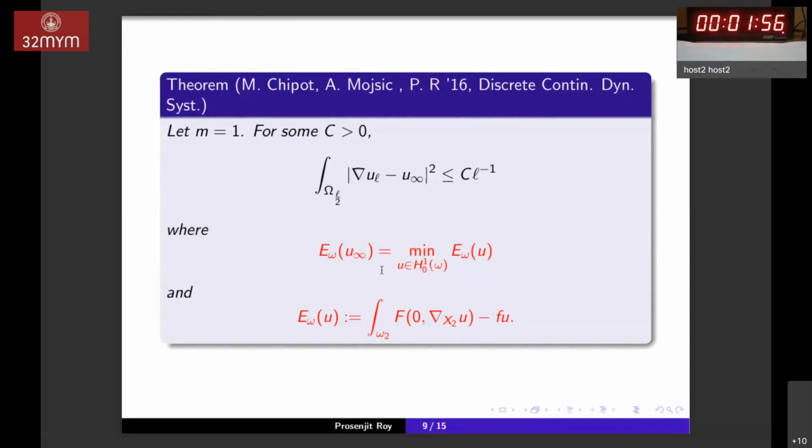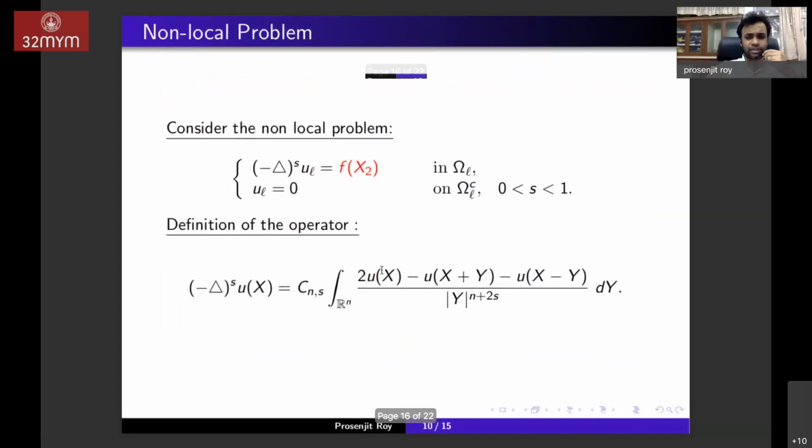So this was one of the results that we did, and the next result in this direction: you see here there is a fraction. This is a fractional Laplacian operator. Previously there was no s, it was only the Laplacian. So now this is a fractional Laplacian operator. This operator models the path of a movement of, let's say, a $1 bill.